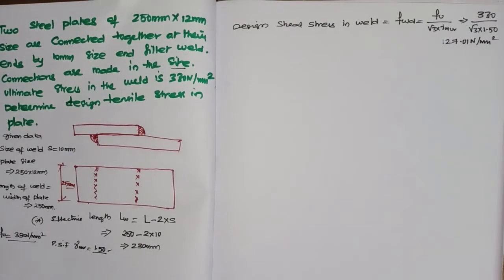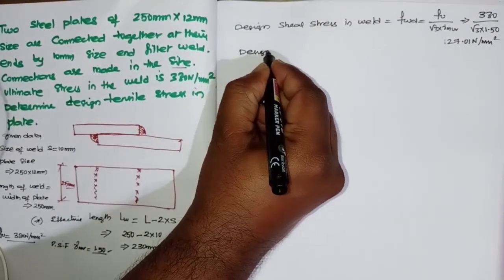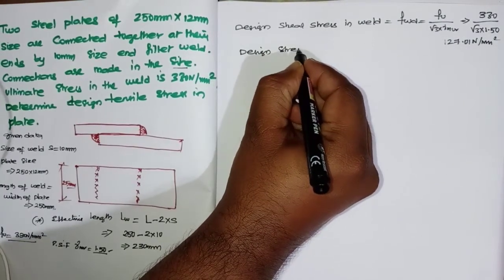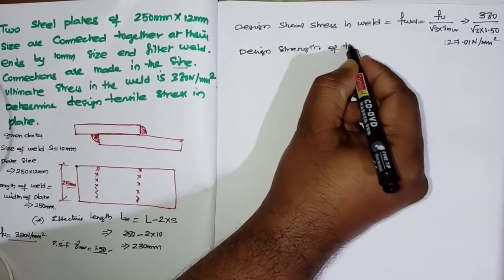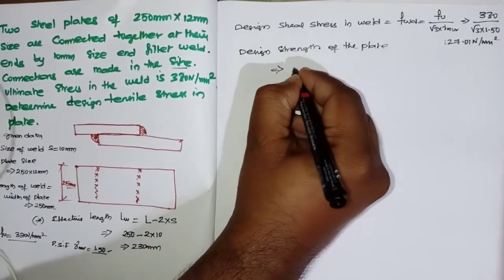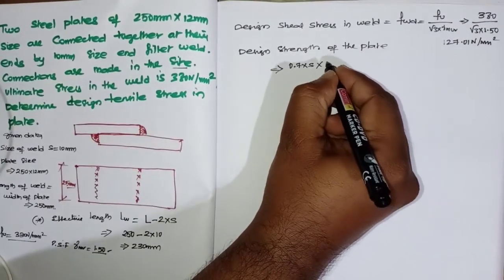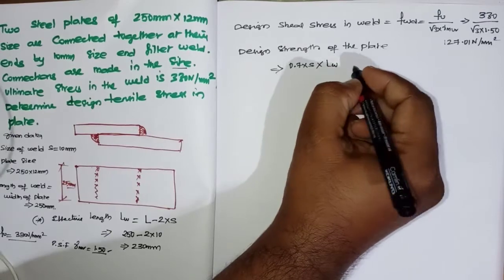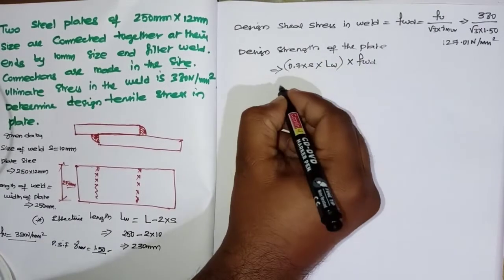Now, design strength of weld joint. Design strength of welded joint or plate is 0.7 into S, the effective throat thickness, multiplied by the effective length of the weld. This will be the area, multiplied with the stress.